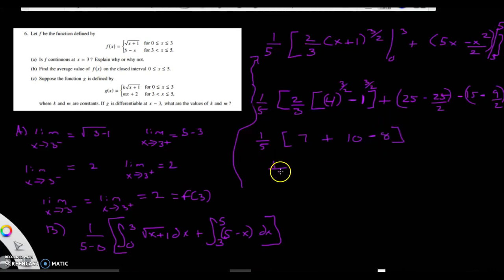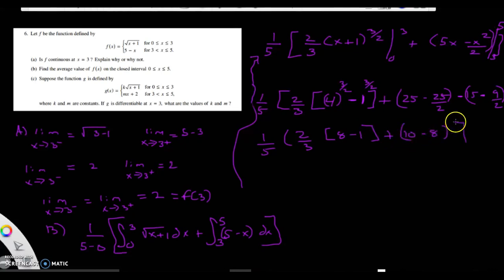So now you're going to get 1/5, 17, 17 minus 8 is 9. Hold on, no, I forgot the 2/3. Okay, don't try to do too much at once. 1/5, 2/3. This is going to be 8 minus 1, and this is going to be 10 minus 8.